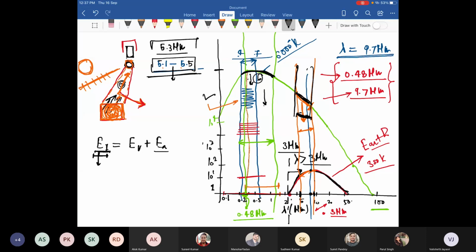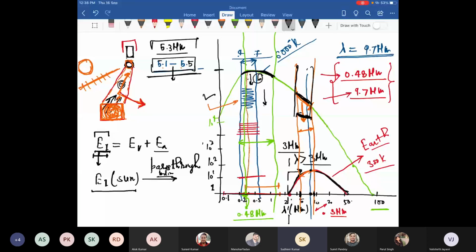Now, we need to ensure that the incident EI, if it is from the Sun, just see that. If I write EI from Sun, it means the amount of energy that is radiated from the Sun, and it goes to the medium, passes through the medium.